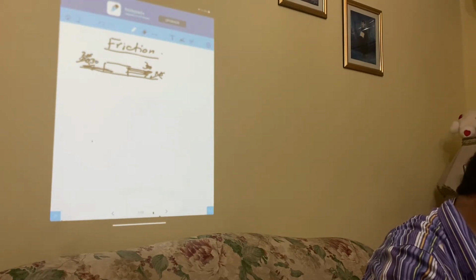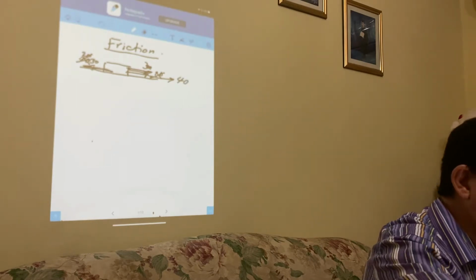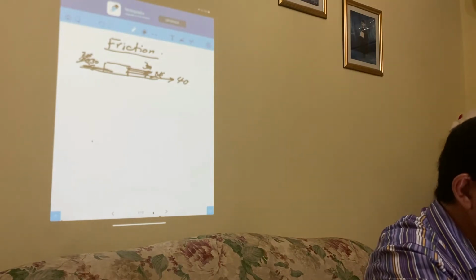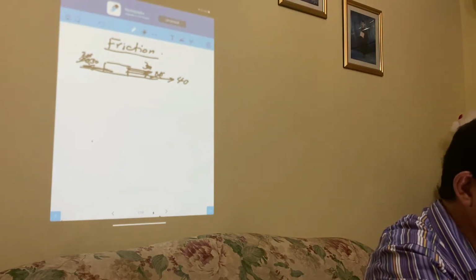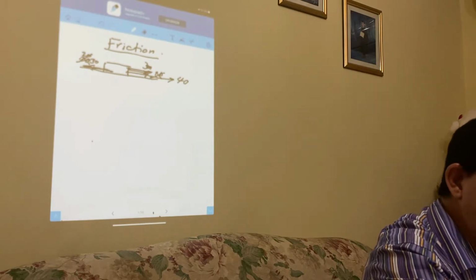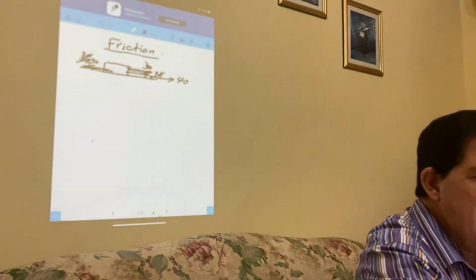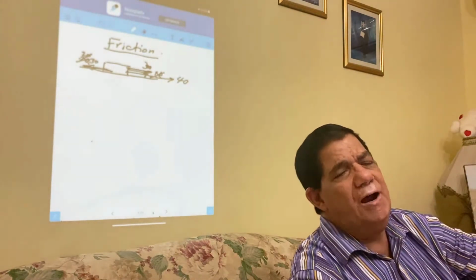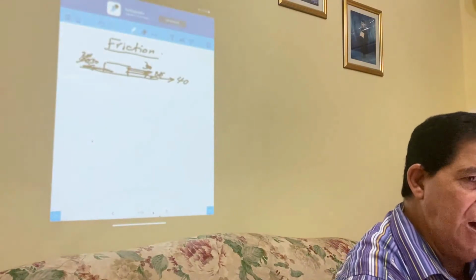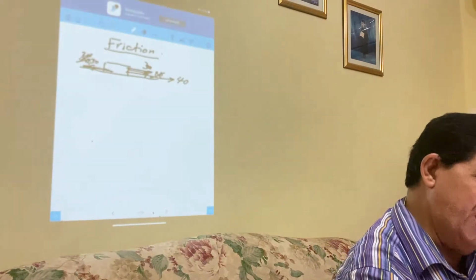When I pulled it by a force of 40 Newton, the body started to move. What is the meaning of this? The meaning of this is that frictional force can have any value up to a maximum value.